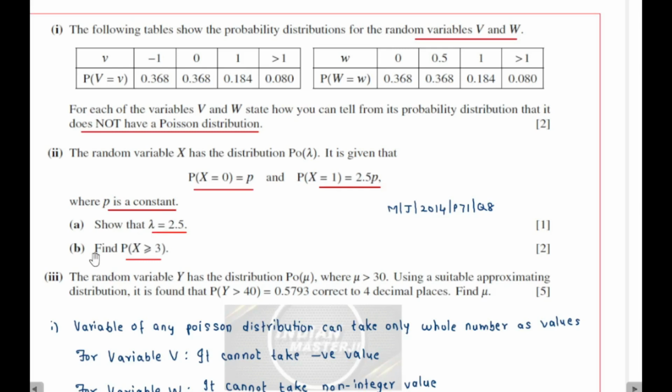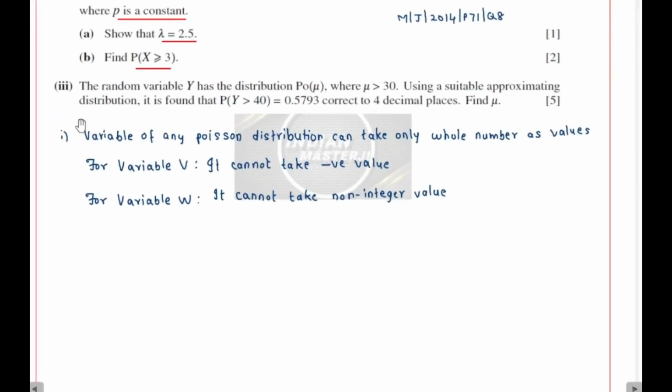So first of all, we need to prove that lambda is equal to 2.5. How are we going to prove that? Because X follows the Poisson distribution with the parameter lambda, can I say probability of X equal to 0 is equal to e raised to minus lambda into lambda raised to 0 upon 0 factorial, and this value they have given as P, correct?